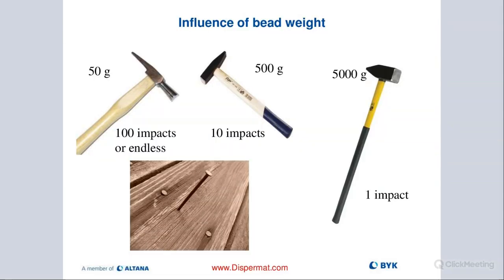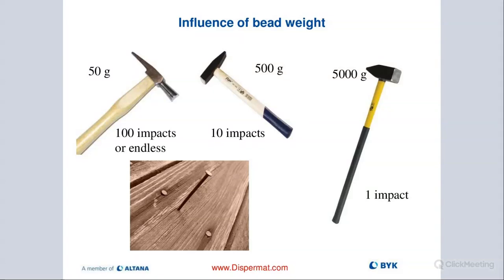Okay, so this is a really good slide, showing you the influence of the bead weight. Let's say I'm using glass beads and I have relatively light beads. It's like trying to hammer a nail into a board with a very small hammer. It'll take me many, many impacts, and I may never even be able to drive the nail into the board if my hammer is too light.